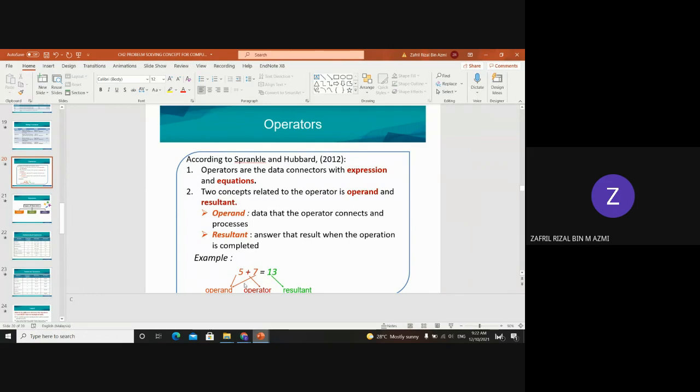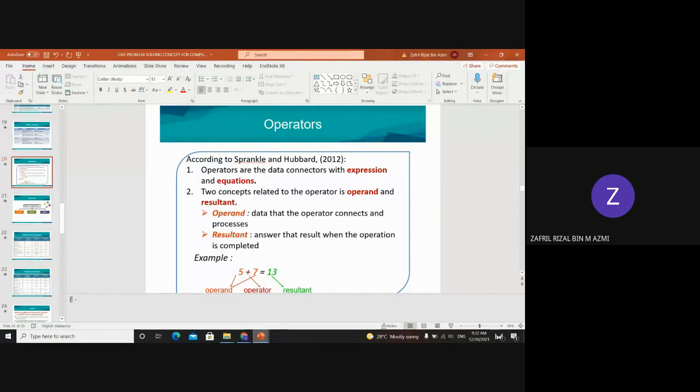So we must do something like this. If you want to do calculation for 5 plus 7, there must be a variable that holds the 5 plus 7 value. Something like this. So C is the variable. Example lah. So it should be understandable. As we discussed earlier, variable name should be understandable lah.